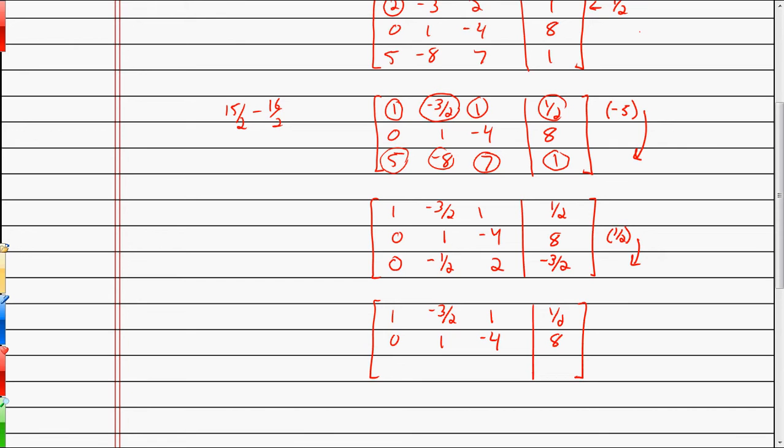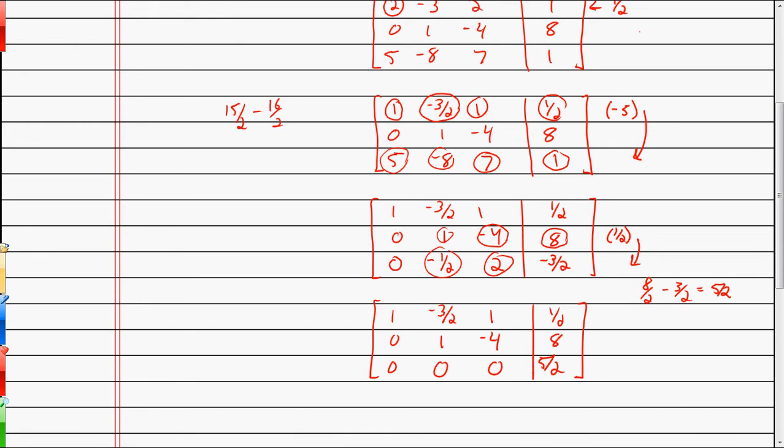And then I'm going to get this 0, so 1/2 times 1 plus negative 1/2 is 0. That's why I chose the 1/2. 1/2 times negative 4 is negative 2, plus 2 is 0. 1/2 times 8 is 4, minus 3 halves. Alright, so that's 8 halves minus 3 halves. So that's 5 halves.